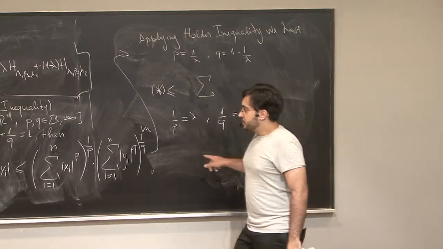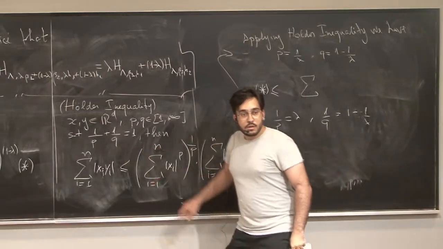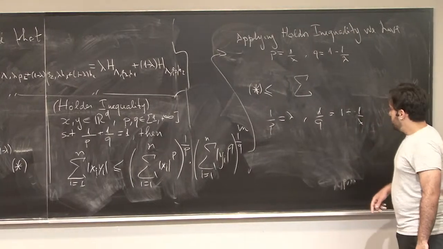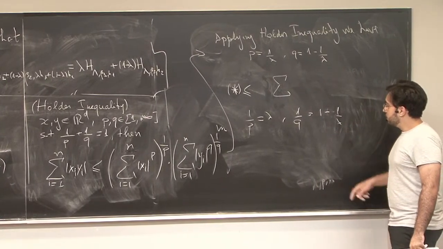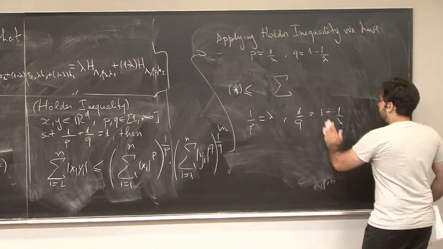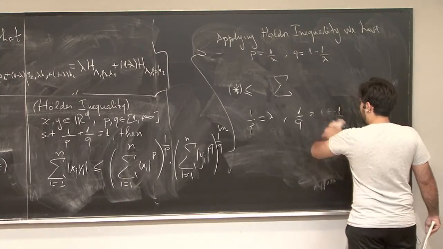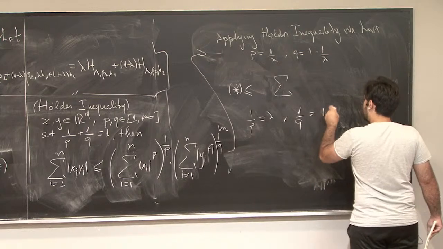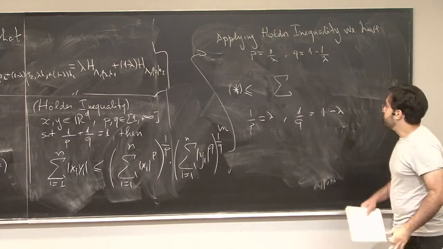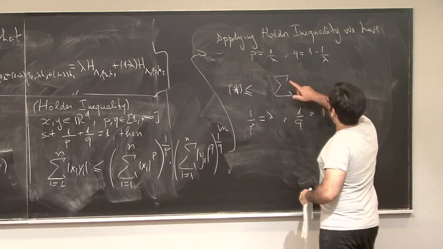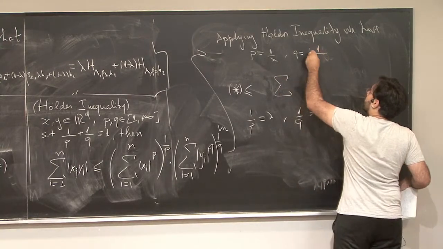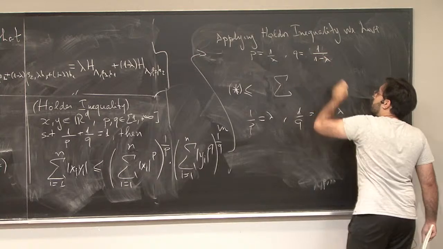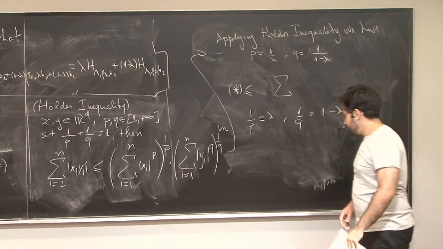Yeah, the sum of the inverses is equal to 1. Oh, sorry, 1 minus lambda. Yeah, exactly. So P is 1 over lambda, so Q will be 1 over 1 minus lambda.